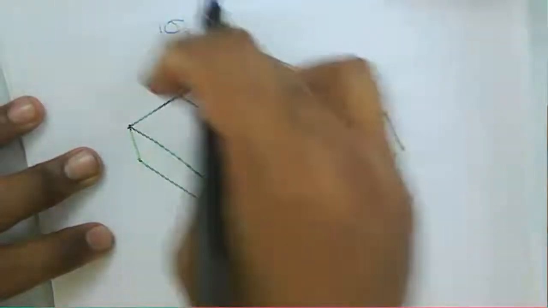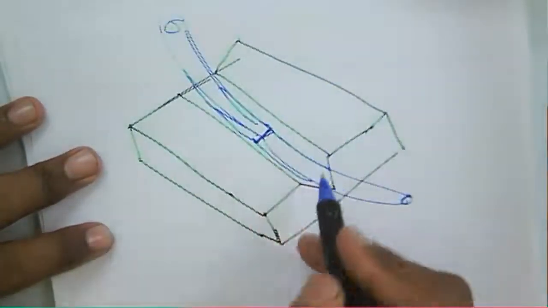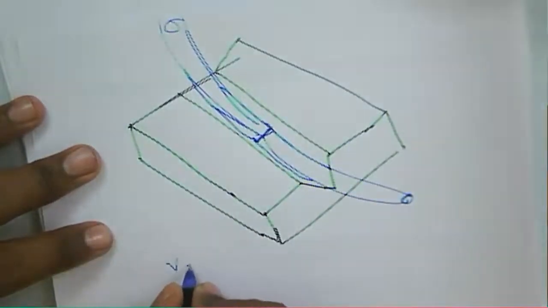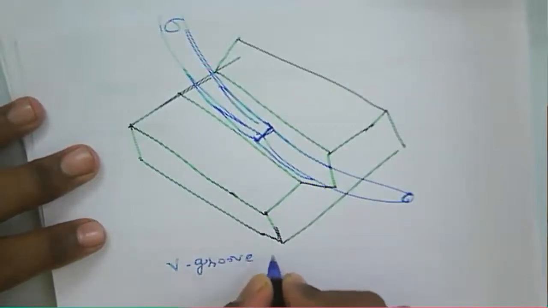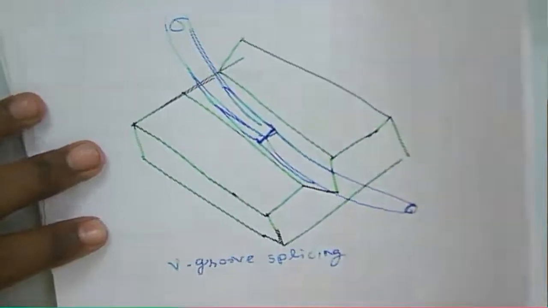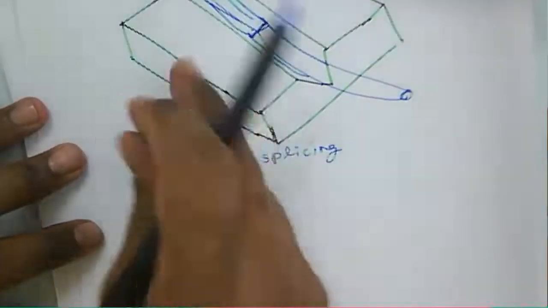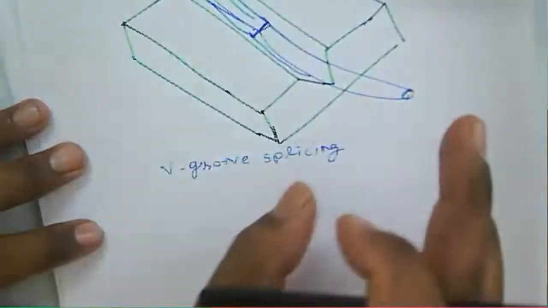This is a V-shaped groove, and we are just connecting the fibers in it. This V-groove is made up of silicon, plastic, ceramic, or a metallic substrate.